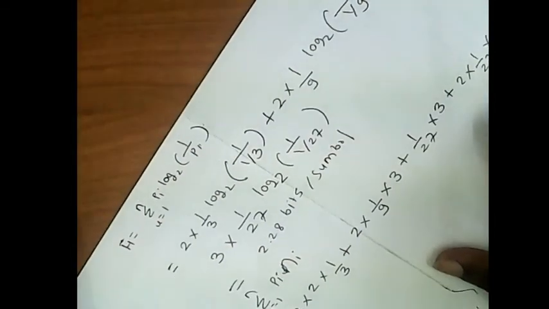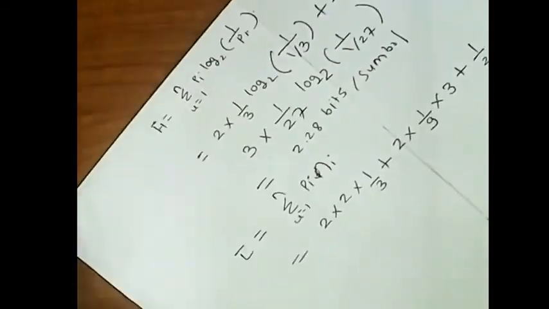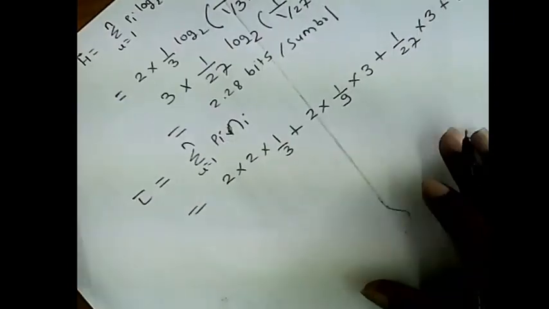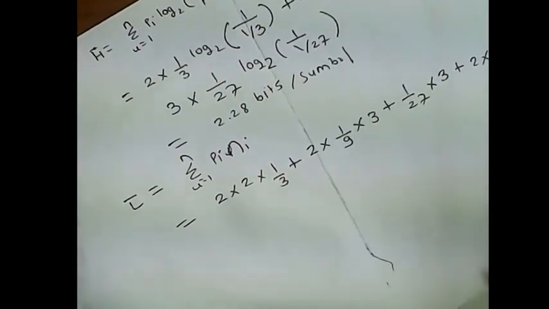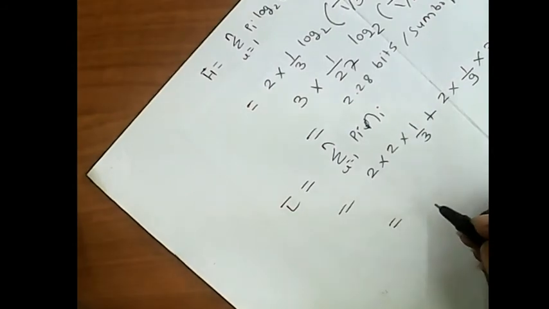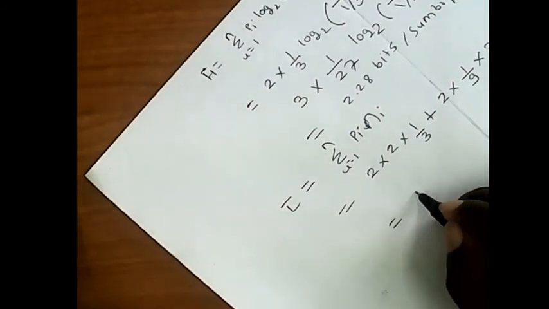So the average code word length comes out to be 2.40 bits per symbol.